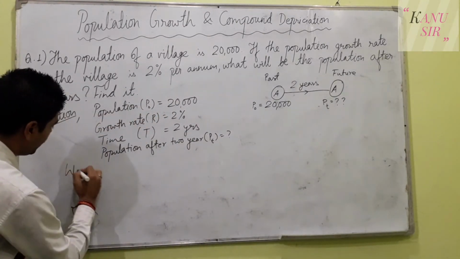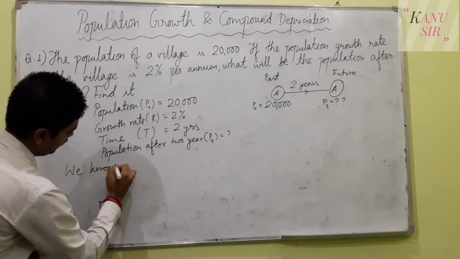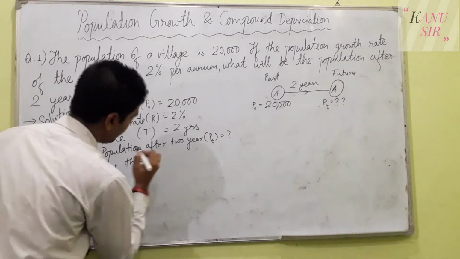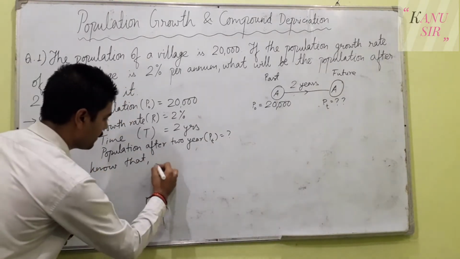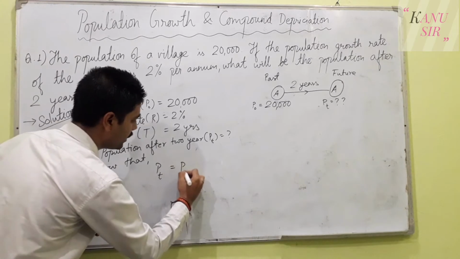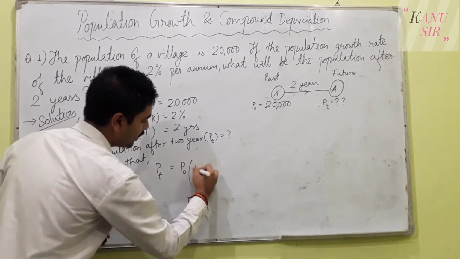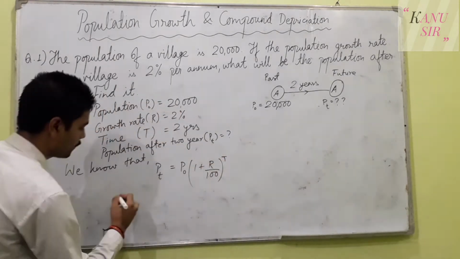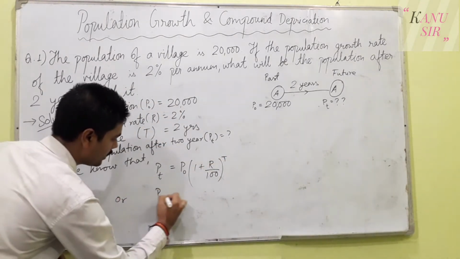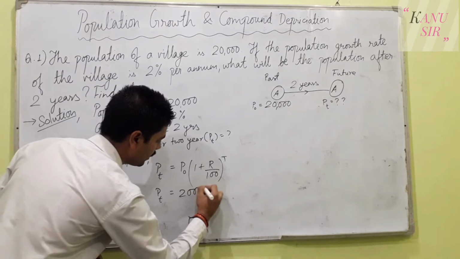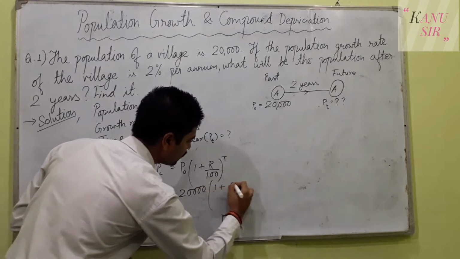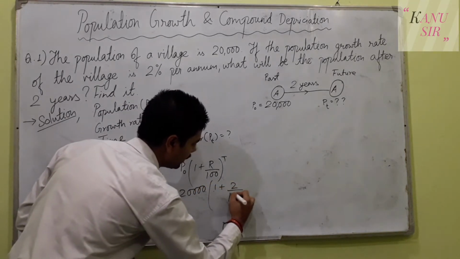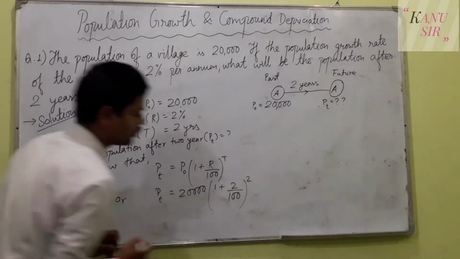Well, right here we know the formula, that is PT is equal to P0 times (1 plus R upon 100) to the power T, or PT is equal to 20,000 times (1 plus 2 upon 100) to the power 2.